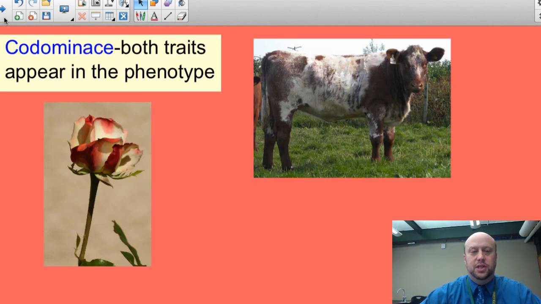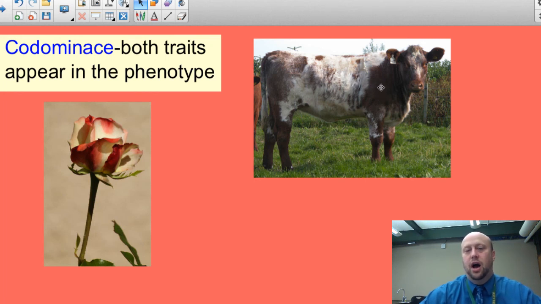Something that's pretty similar to this is something called codominance. In the case of codominance, they don't really blend together, but rather different parts of the body or different parts of that organism are going to display those things in different places. So for instance, you might get a rose that has red splotches and white splotches on it. Or another really classic example that we see all the time, the common classic genetics example, is a roan cow.